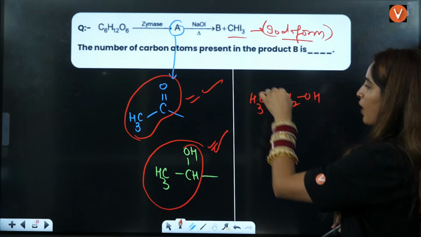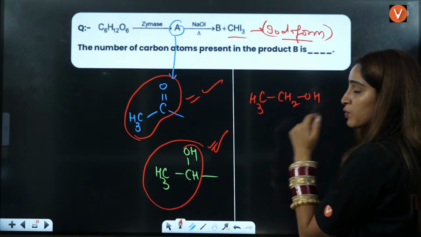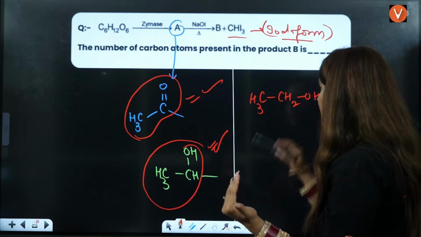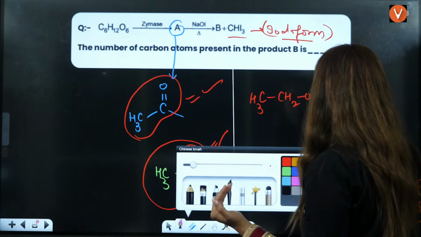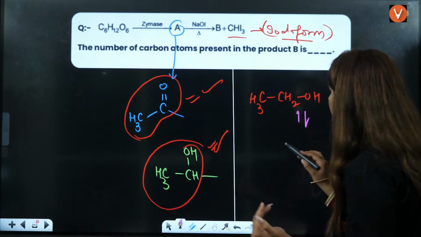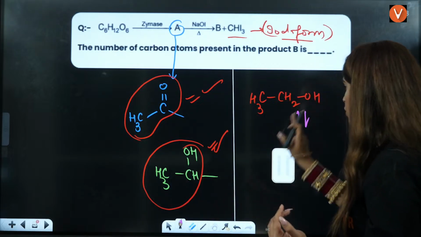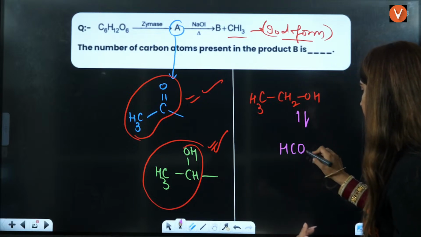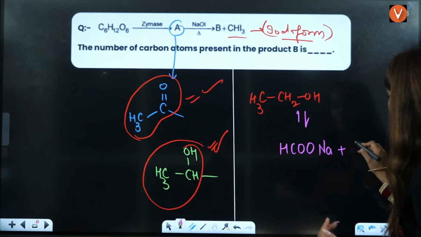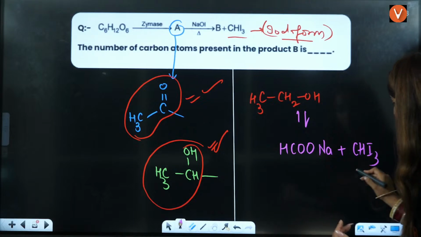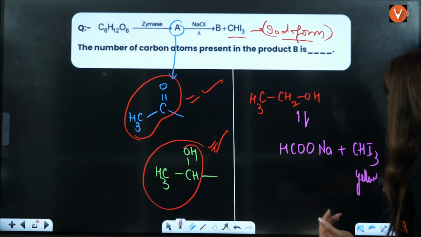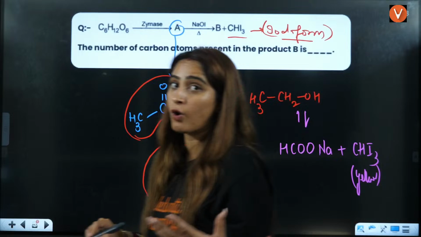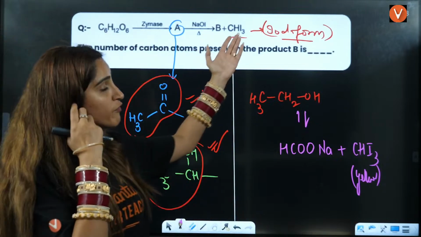Now from this you have the formation of ethanol which is going to give you the positive iodoform test, and whenever it is giving you the iodoform test, we know that in the iodoform test you have the formation of two carbons here, so this will be CH3COONa plus CHI3, that is yellow precipitate. So to confuse you more, they can also give you that there is formation of yellow precipitate.